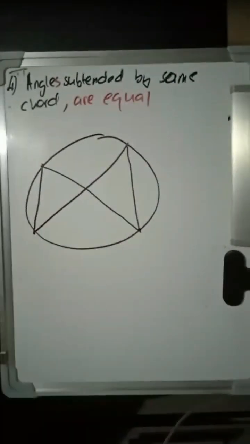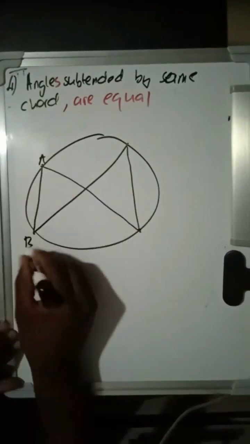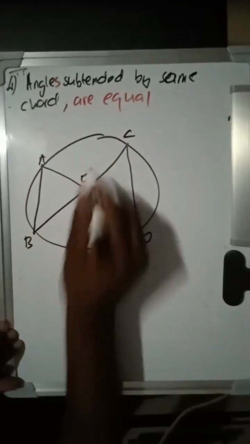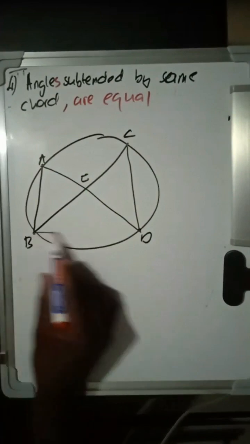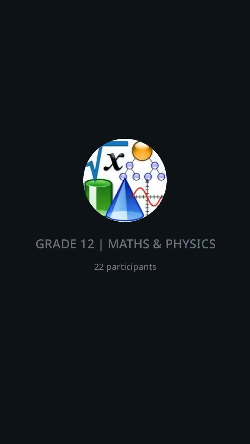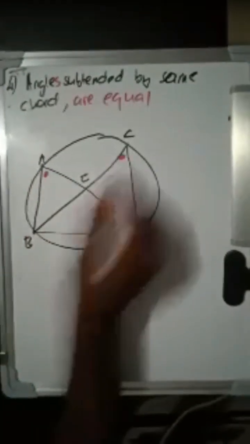Then we have angle A, angle B, C, D, and here you can say this is E. It means there are many angles that are subtended by the same chord. If I could draw the chord, I could draw it here. So you see that one goes there, that one goes there. So this angle here and that angle are equal.